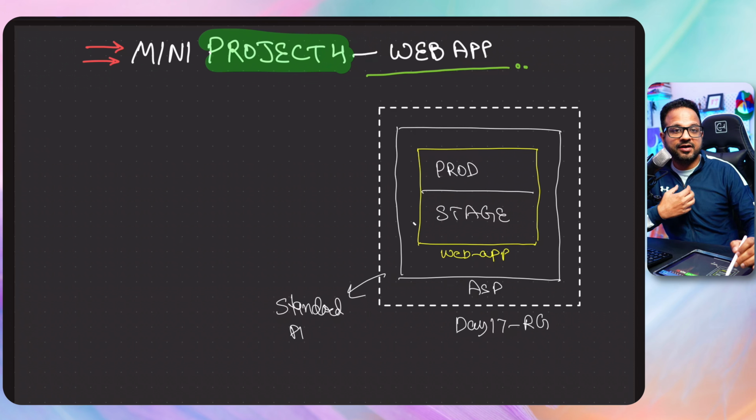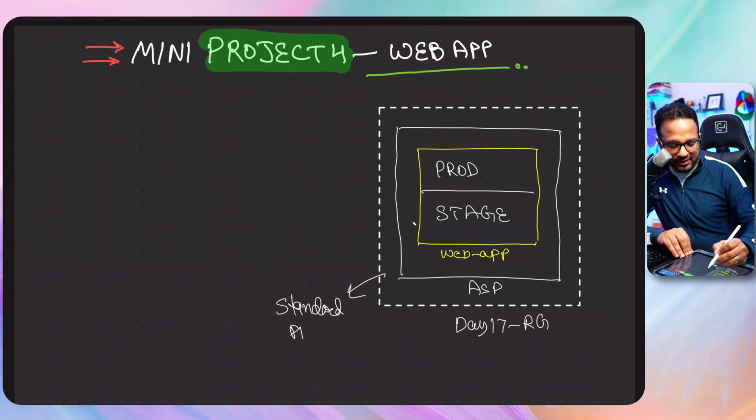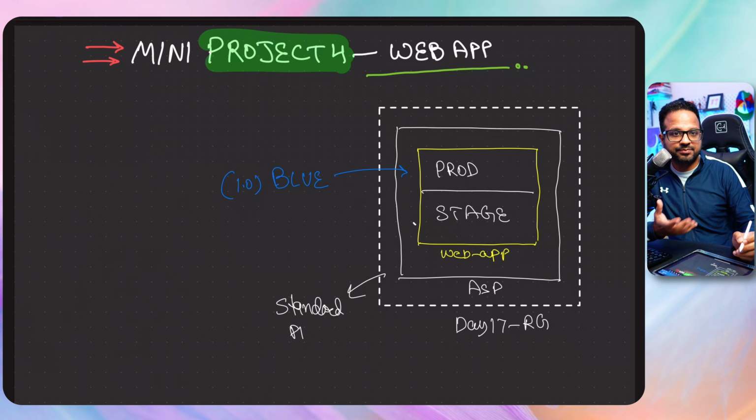Now what we'll do is deploy a different version of the same application in both of these. If you have heard about it, or if you have seen any of my videos, it will be a blue green deployment. I have explained it very well in one of the videos, you can check it out. But for now, let's say this will be our blue app, with version 1.0, which is running on production. Then you deploy another version of the app in the stage environment as well.